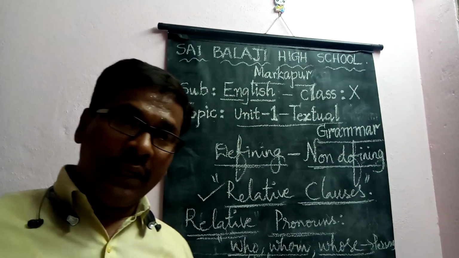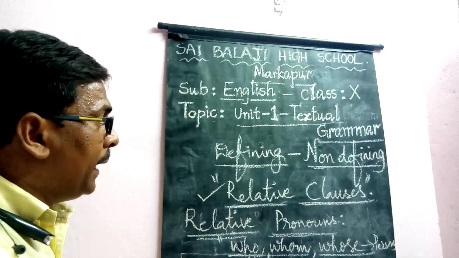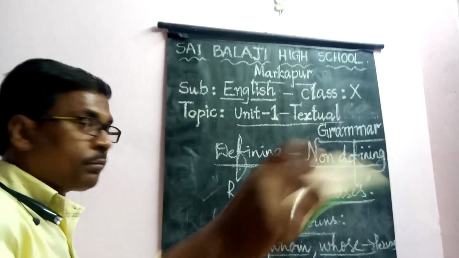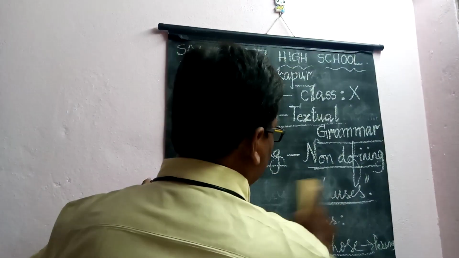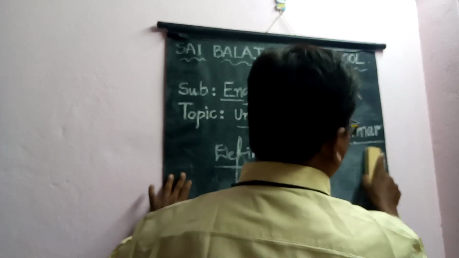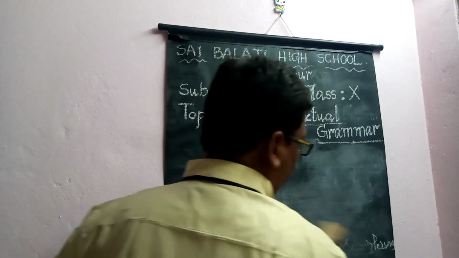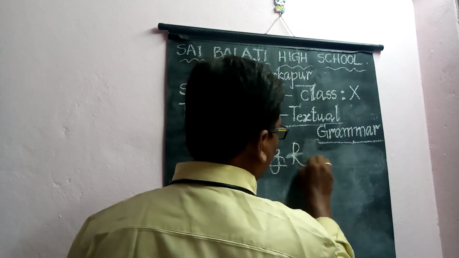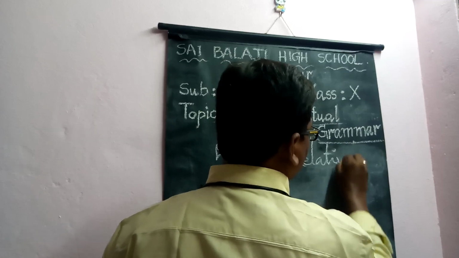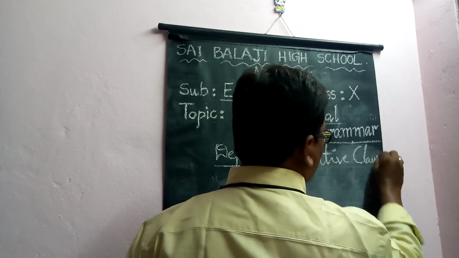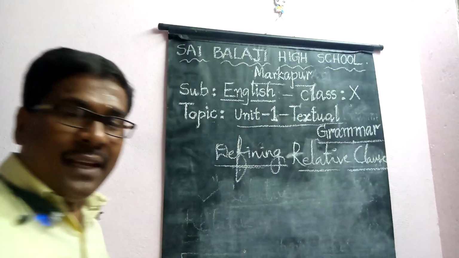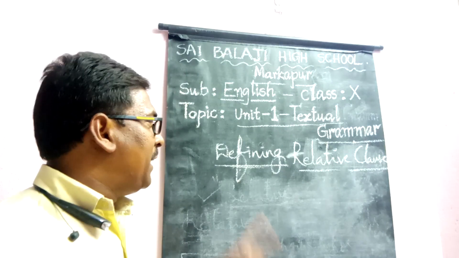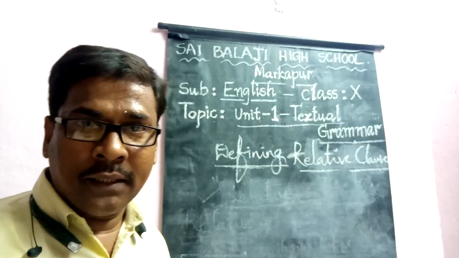So what is meant by defining relative clause and what is meant by non-defining relative clause? Let's see what's meant by defining relative clause. Defining relative clause means a clause which defines about the antecedent.